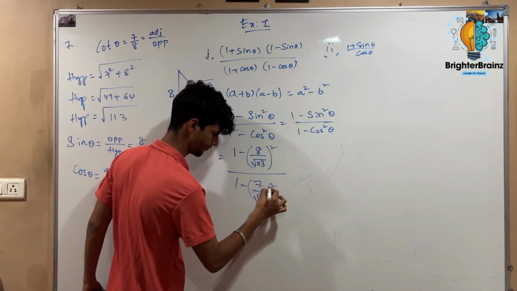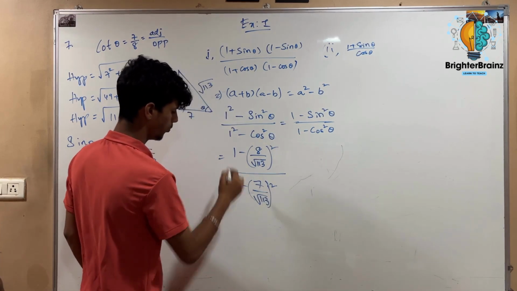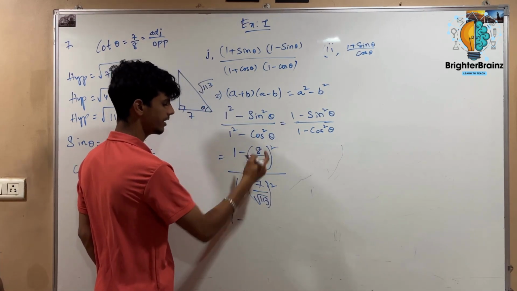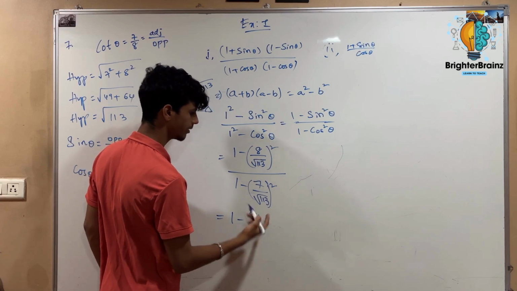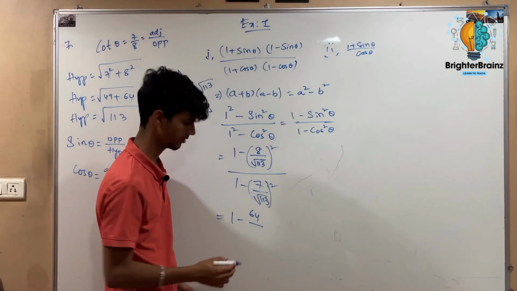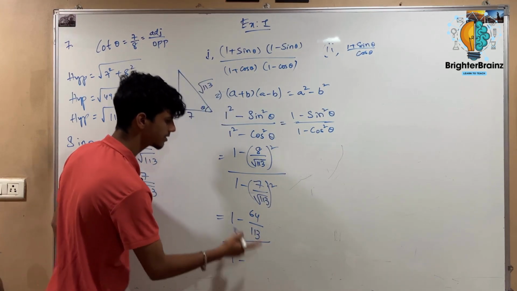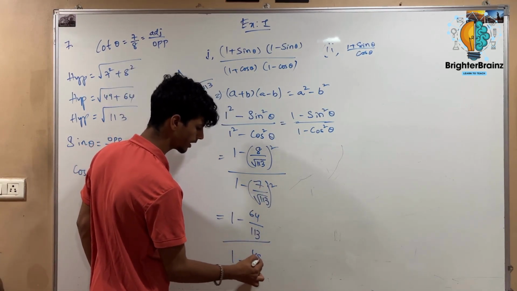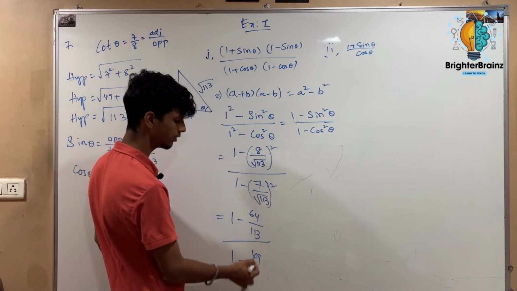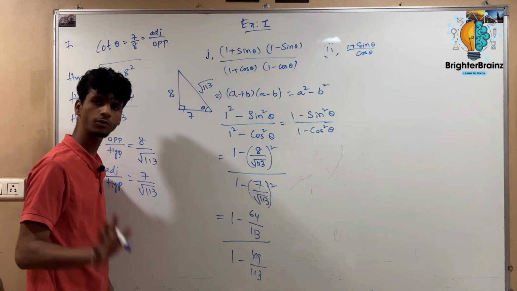Very good. So 1 minus, what is 8 square here? 64 divided by root over 113 whole square, square and root will cancel each other. So 113, divided by 1 minus 7 square is 49, and in the denominator root over 113 whole square is 113. Done.